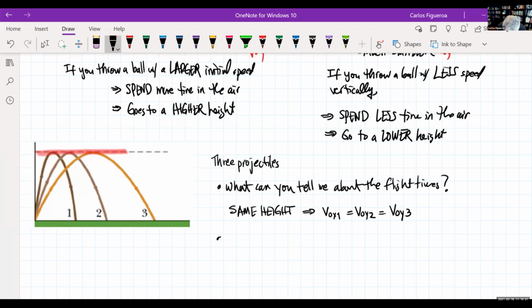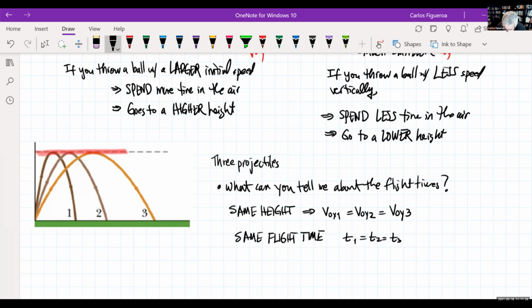But wait a minute, right? If that's the case here, we already said if they have the same height, they must have what? They must also have the same flight time. So even though they have 3 different motions, you're seeing that the time for 1 and 2 and 3 are all going to be the same.